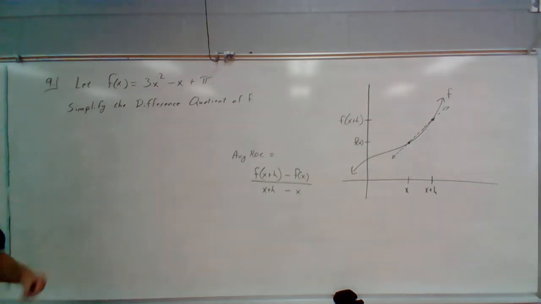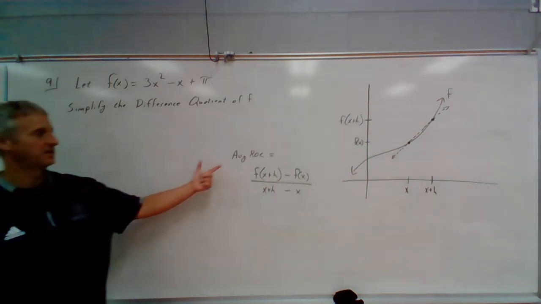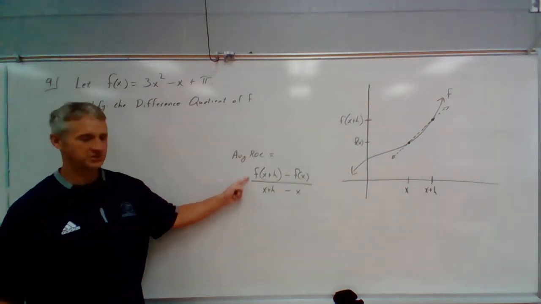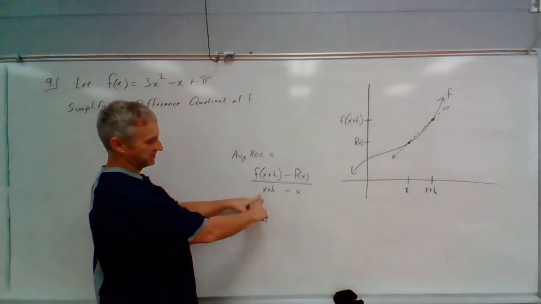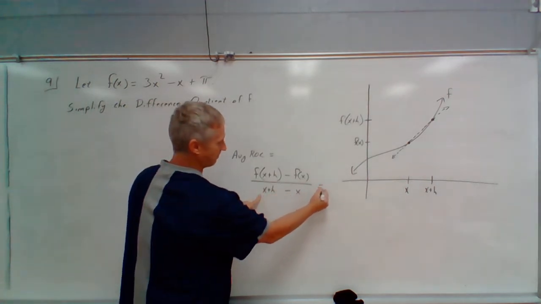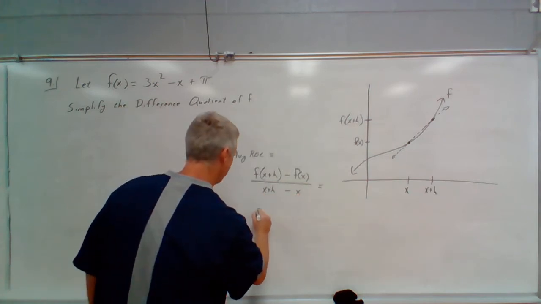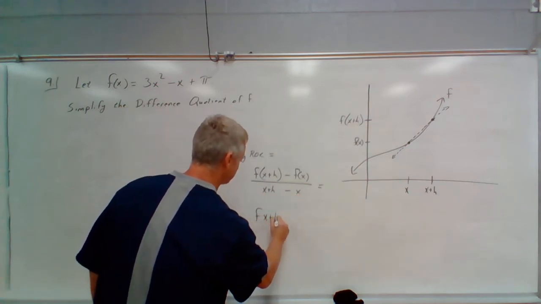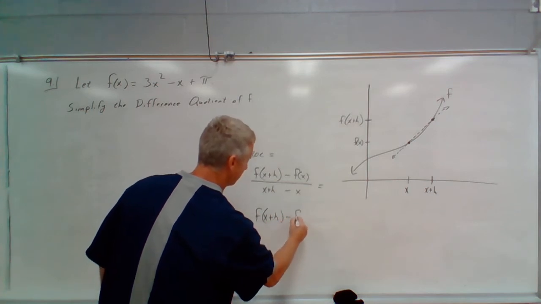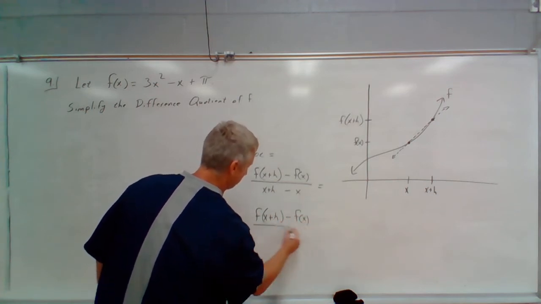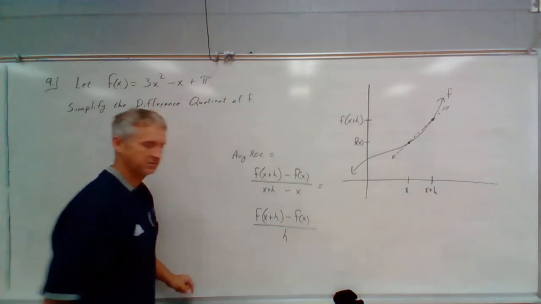Okay, so the slope of that secant line is the average rate of change of the function, which is this. All right, we can simplify this guy. X plus h minus x, the x's cancel, and you're just left with f of x plus h minus f of x all over h.